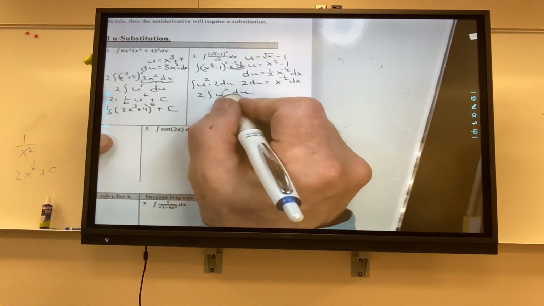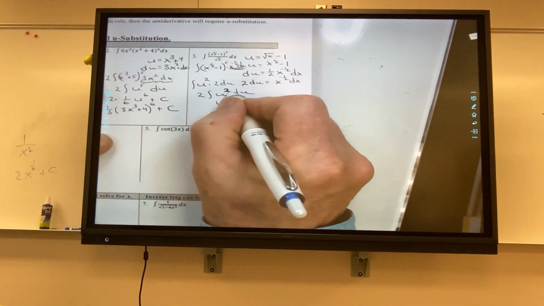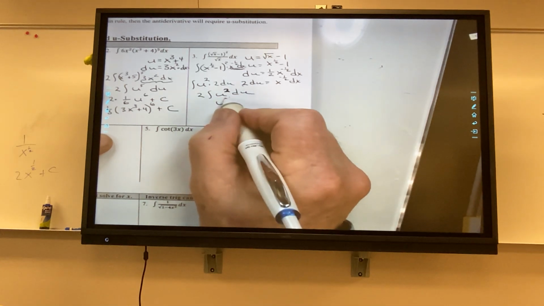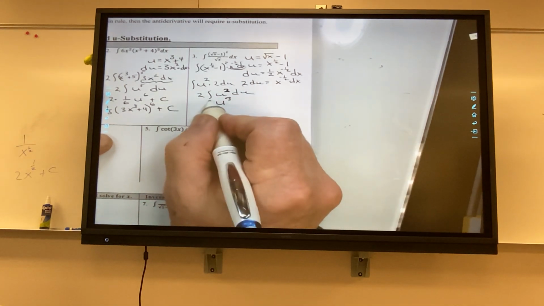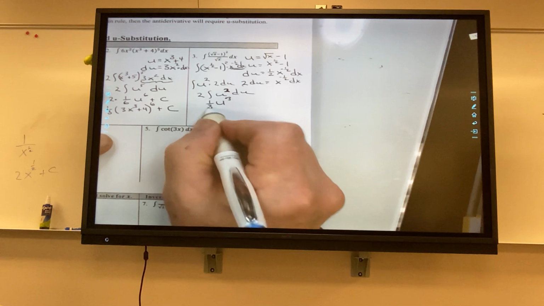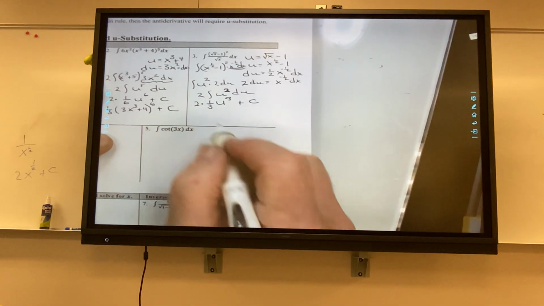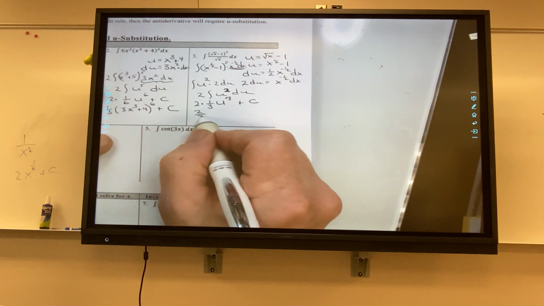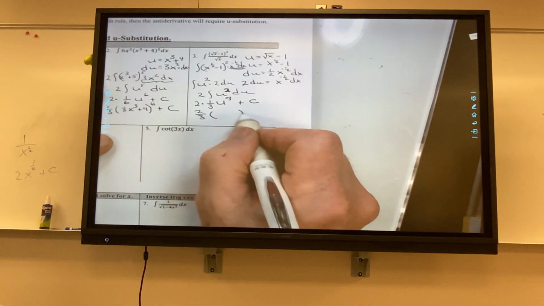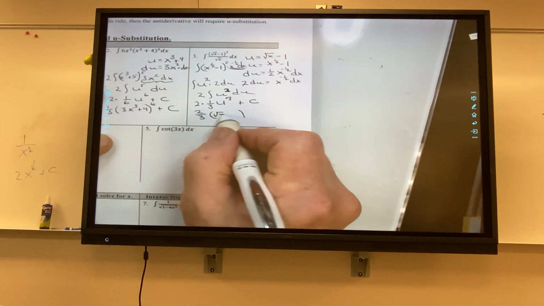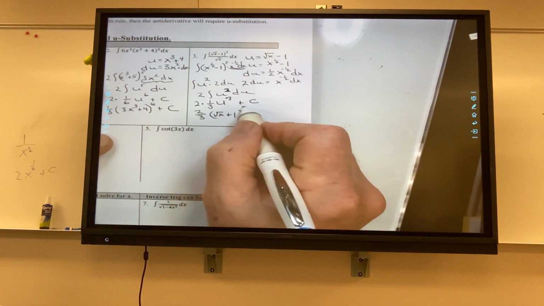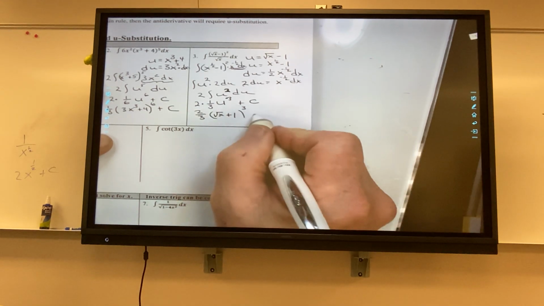Excuse me, it's squared, sorry. Add 1, I get 3. Multiply by the reciprocal. I got a 2 right here, plus c, so I don't forget about it. So I got 2/3, get rid of the u, replace it with the square root of x minus 1, raise it to the third power, add c.